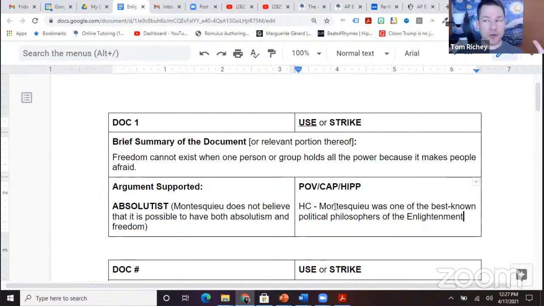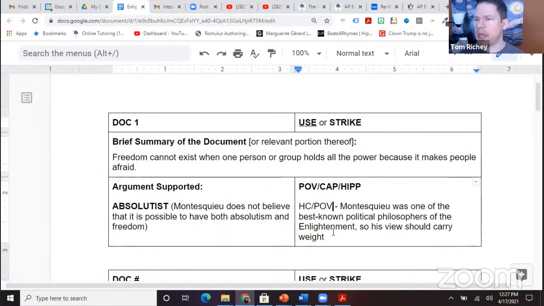That gives you some historical context. One of the best known political philosophers of the Enlightenment, so his view should carry weight. This is also going into some POV as well. I would say you're going into historical context and also POV, making an authority argument.